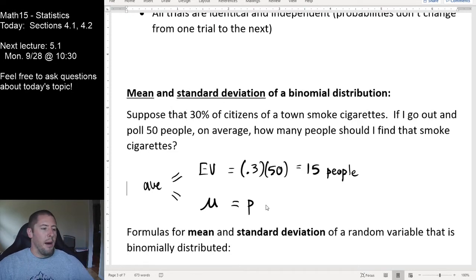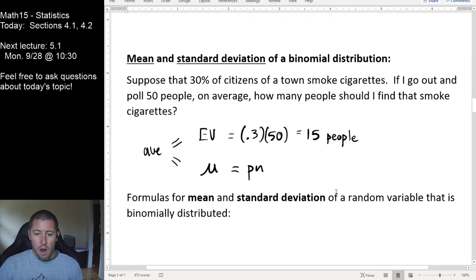But statistically, we define this to be a success: we found a person that does the thing of interest. And then we multiplied by the number of people that we were sampling. This is typically more often written as NP instead of PN, but it doesn't matter. We can compute the average of a binomially distributed variable by multiplying the number of people being sampled times the probability of experiencing a success. Very easy computation.